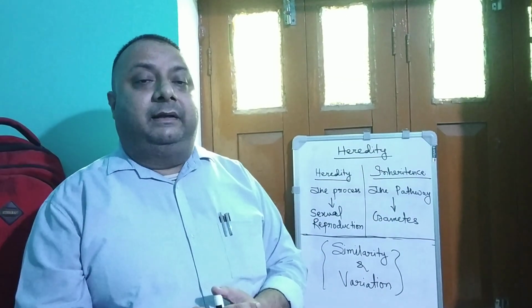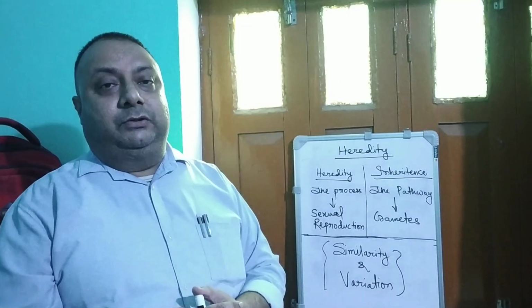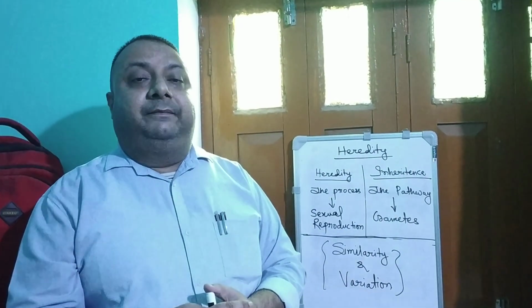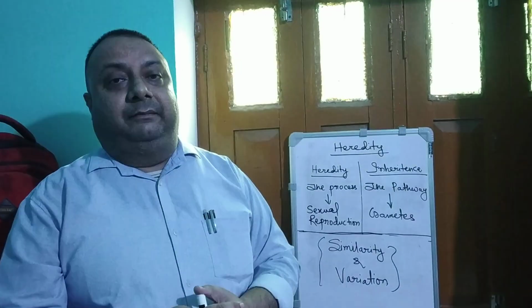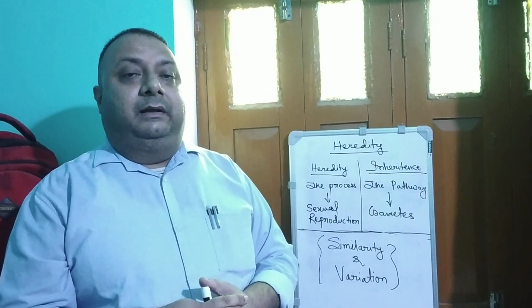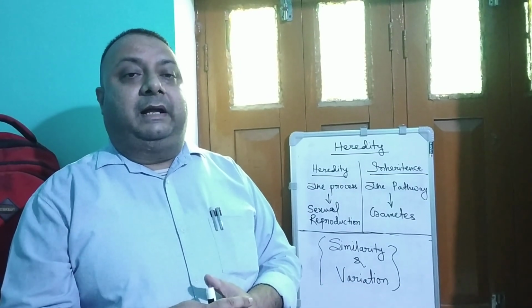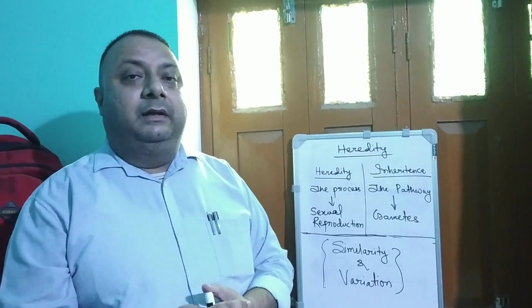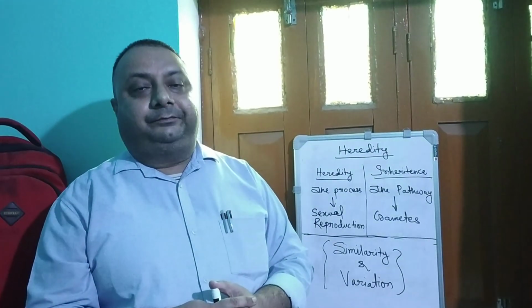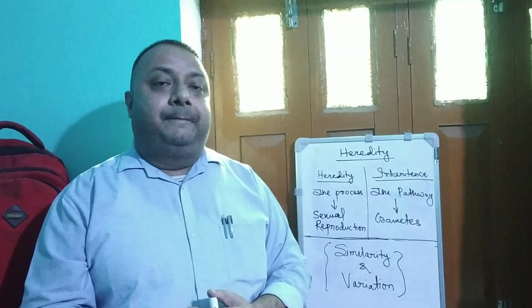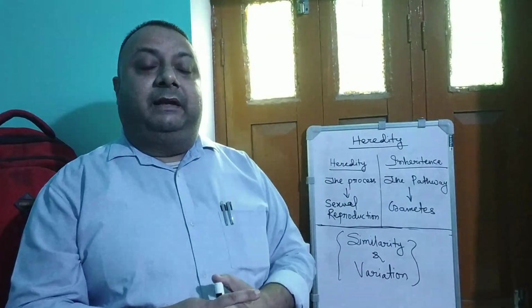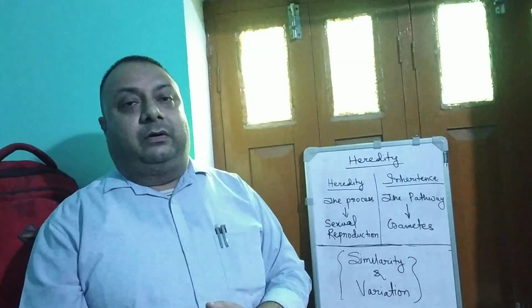But in case of the same species, you can find that siblings have differences among them. They are not 100% similar to one another because there is a variation, and these variations are due to genetic recombination.